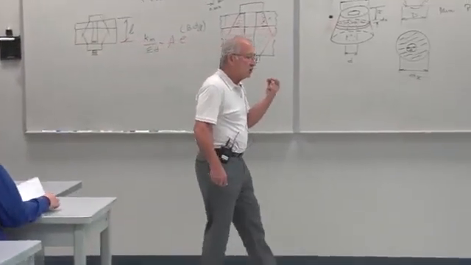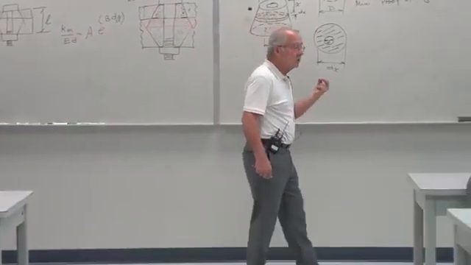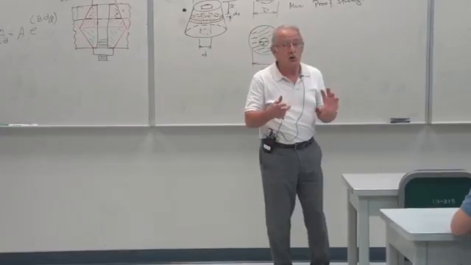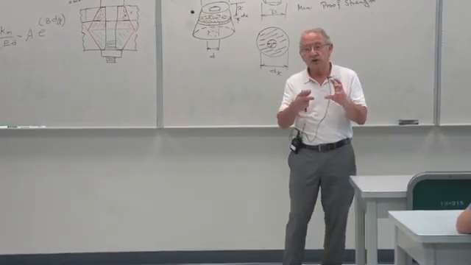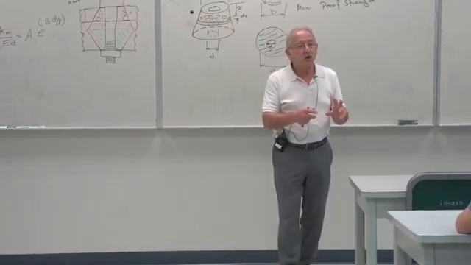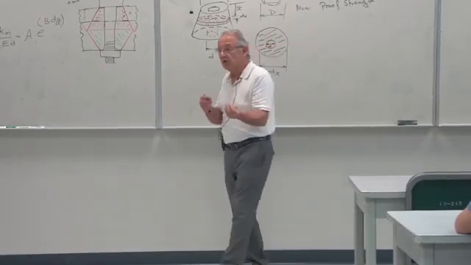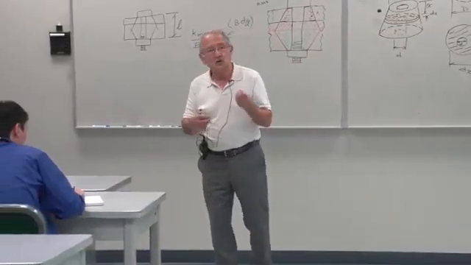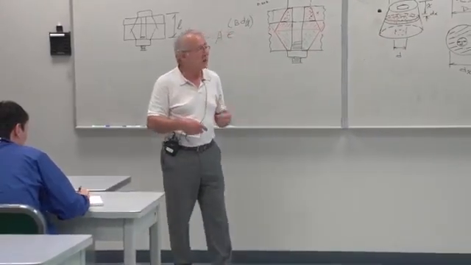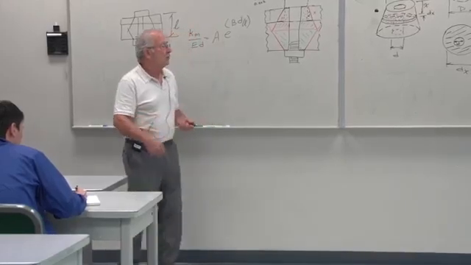How much of the externally applied load, not the preload, not the tightening load, goes into each one of these depends on the ratio of the stiffness of the bolt and the member.